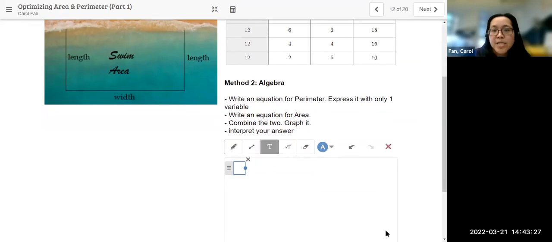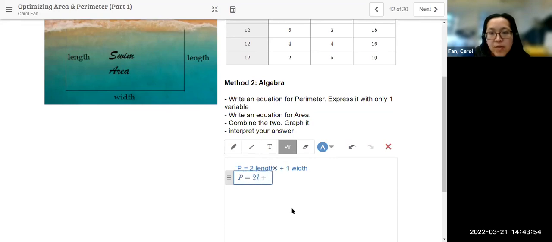Because this is a three-sided structure, I know that I have 2 lengths plus 1 width. So I can simplify it to P equals 2L plus 1W.